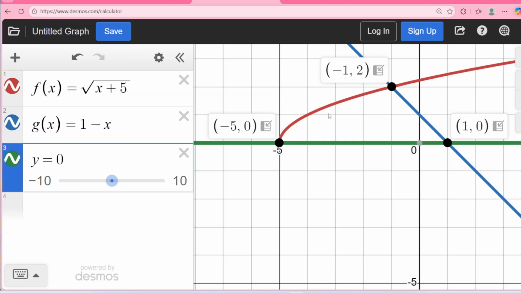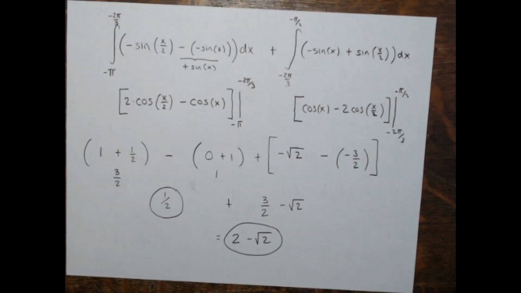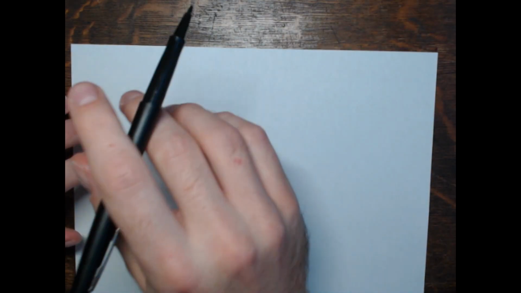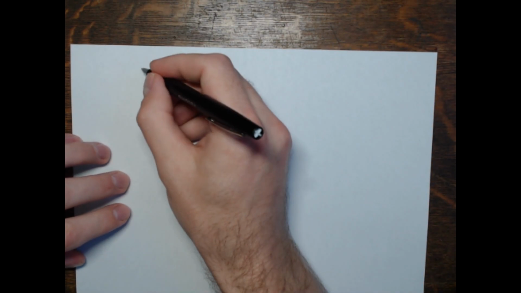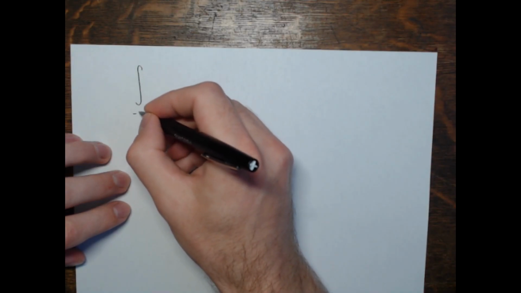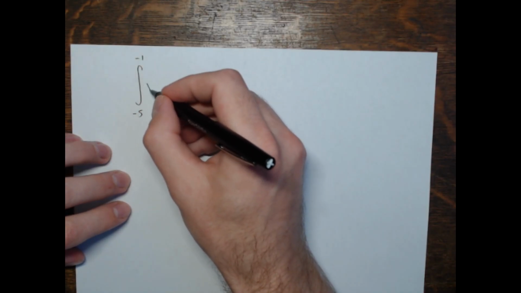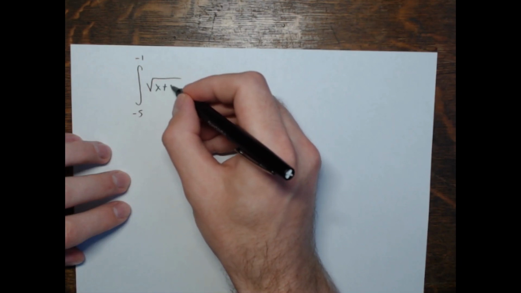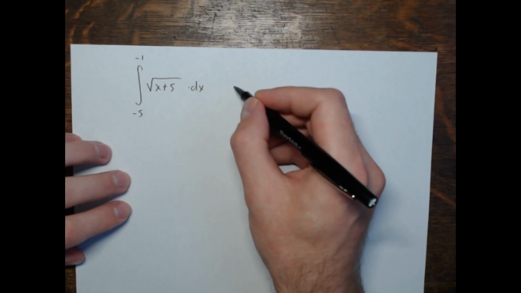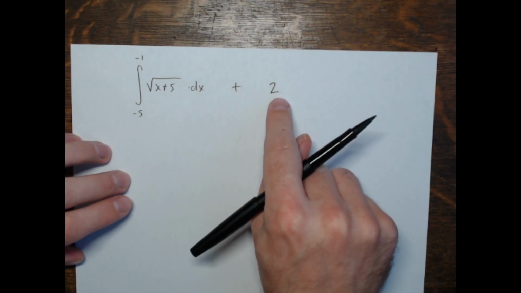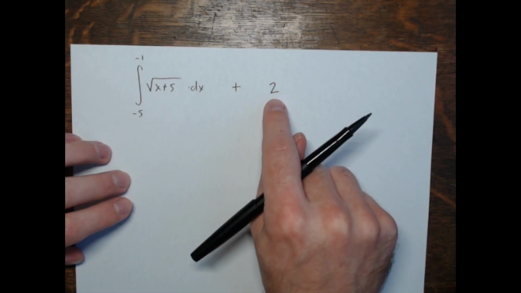So we're going to integrate from -5 to -1 of just the area under this square root of x plus 5 curve, and then add the area of the triangle, which was 2. So the total area is going to be the integral from -5 to -1 of the square root of x plus 5, and then plus 2. Again, this was just the area of that triangle under the blue curve.